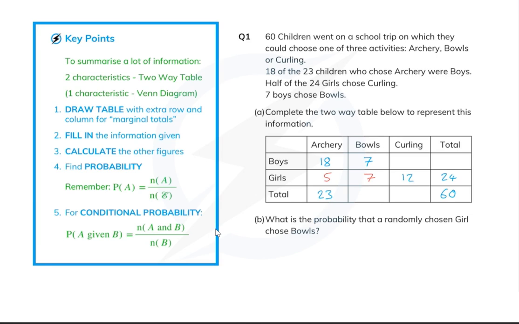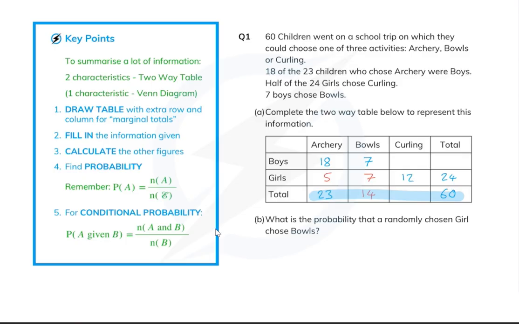And now I can just add these two numbers up, the 7 and the 7, to find out how many people did bowls in total. 7 and 7 is 14, and we're getting there. Now looking at the totals along here, 23 did archery, 14 did bowls, there were 60 in total. So what adds up with 23 and 14 to make 60?